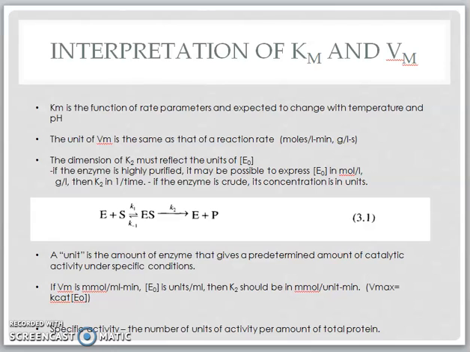Km is a measure of the affinity of the enzyme for substrate. If you find the Km value is low, in the case where we are making a comparison between two data, the lower value of Km indicates tight binding of the substrate by the enzyme, whereas a high Km indicates weak binding.